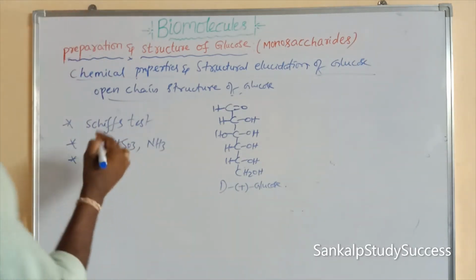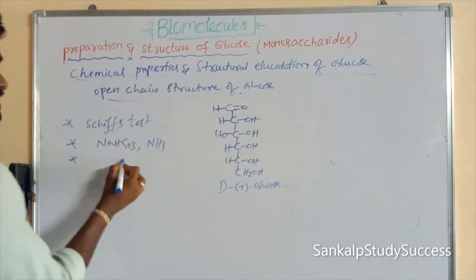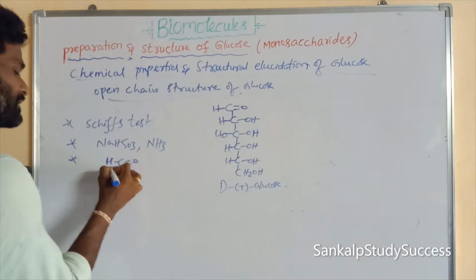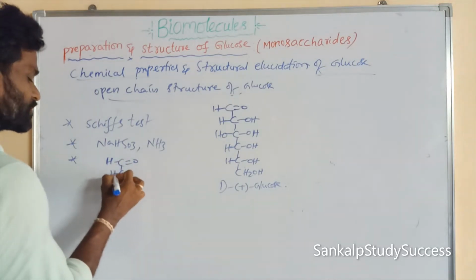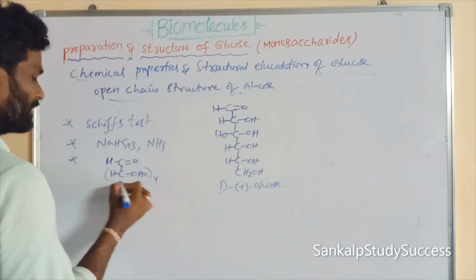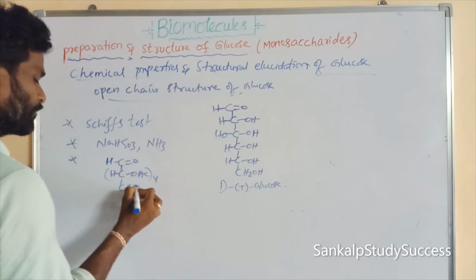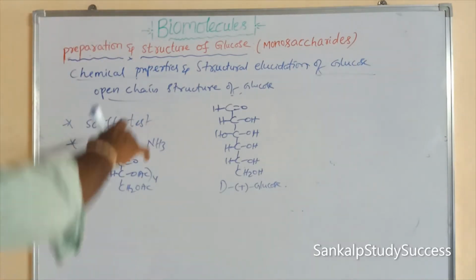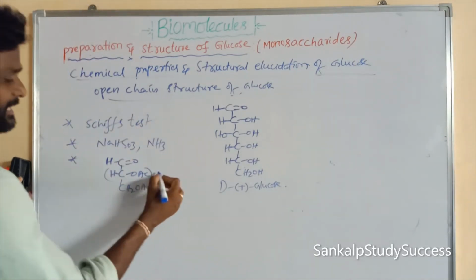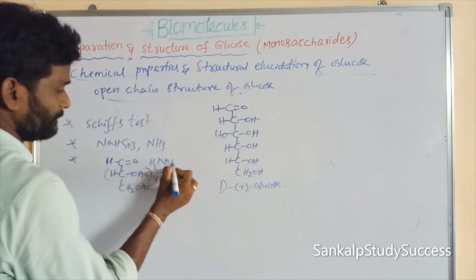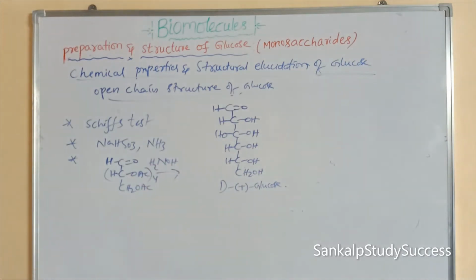The pentaester of glucose, we already know that. This is CH2OAc, the pentaester of glucose or glucose pentaacetate, which is treated with hydroxylamine, NH2OH.